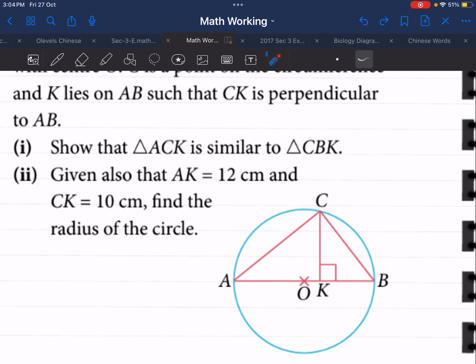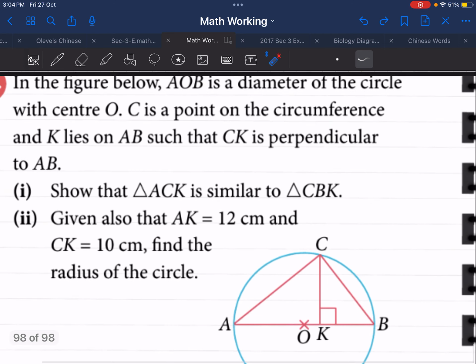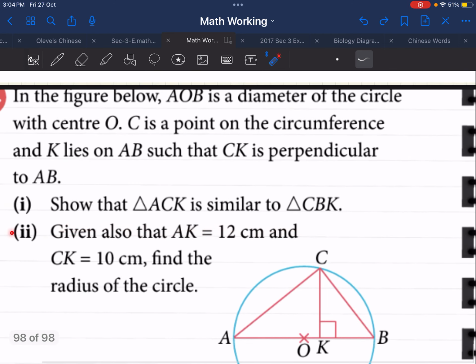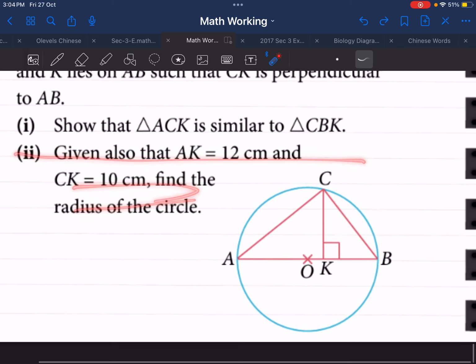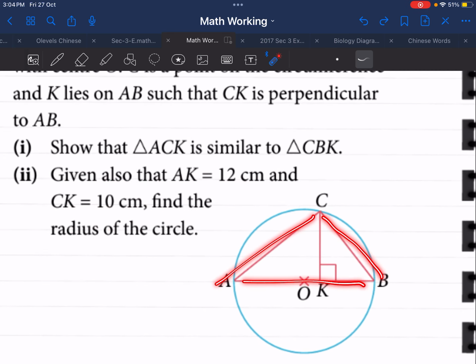But in this case, we can't show the sides because they didn't give you the lengths, so definitely we cannot use length.